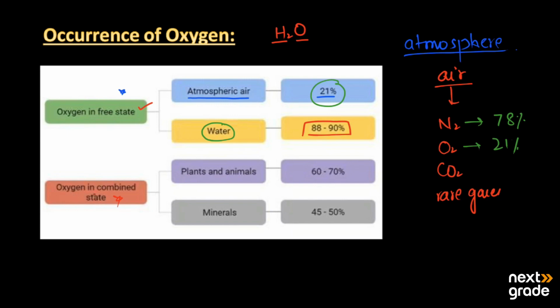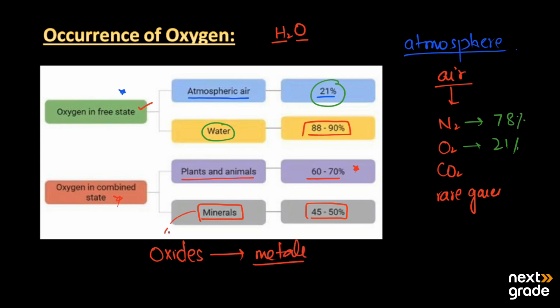After this, if we talk about the oxygen present in the combined state, it is present in plants as well as animals, at 60 to 70%. And if we talk about minerals, 45 to 50% of the mineral is oxygen, which may be present in the form of oxides, in which the oxygen is removed and they are converted into free metals by the process of metallurgy.